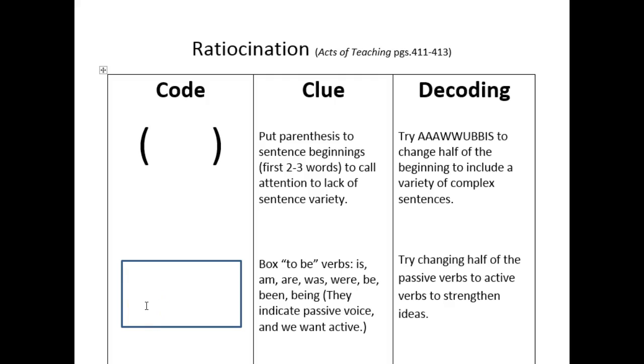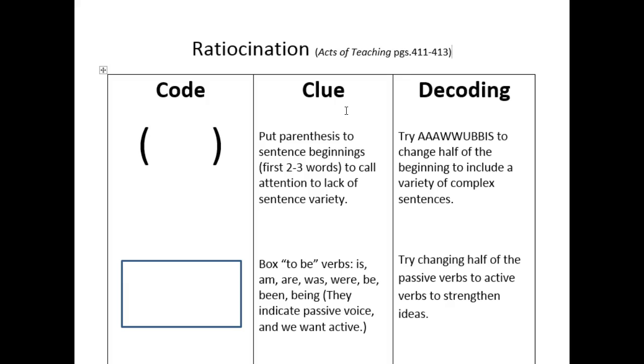Next, we want to consider the clue. The clue is the issue that we are focusing on. The clue is what we focus on with students that tends to be problematic within their writing.